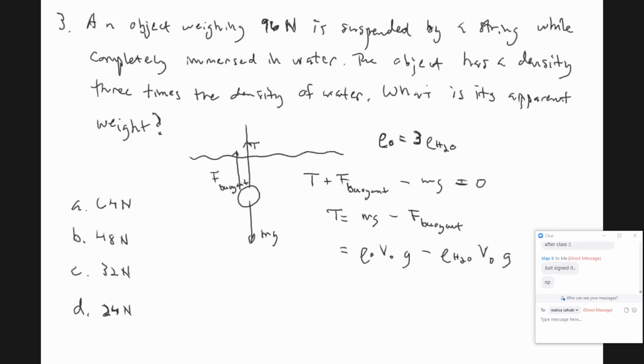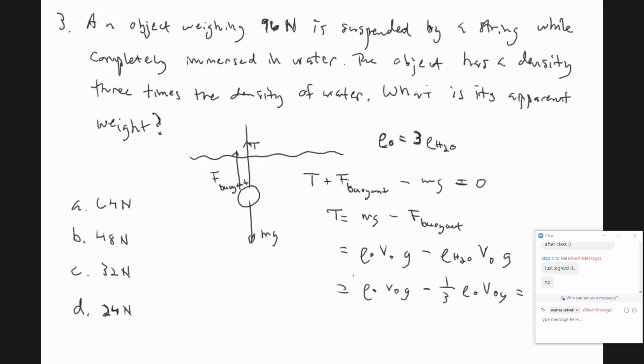But we know the density of water is simply 1/3 the density of the object. So we see that this is 2/3 the density of the object, volume of the object times gravity.